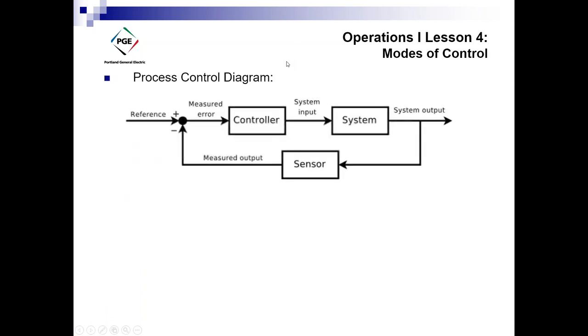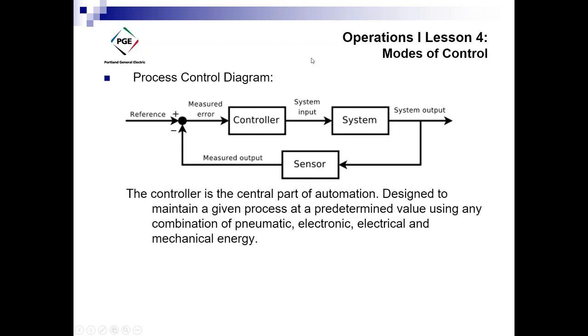So a simple process control diagram again. The main thing we focus on is the measured output, our set point of reference, and then the error. And then the controller is what modes of control is. That's where we set all this. This is where we work all this. Of course, the controller is a central part of the automation. So design and maintain a given process at a predetermined value.